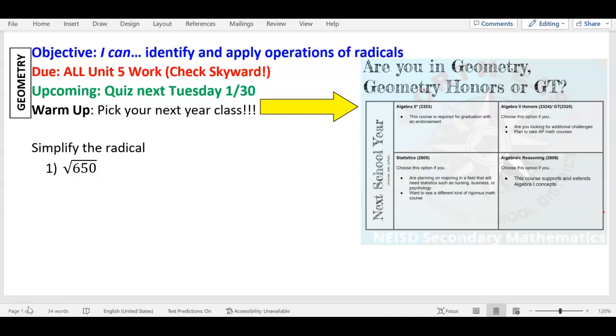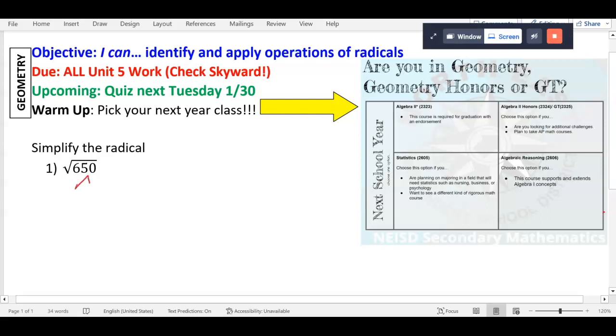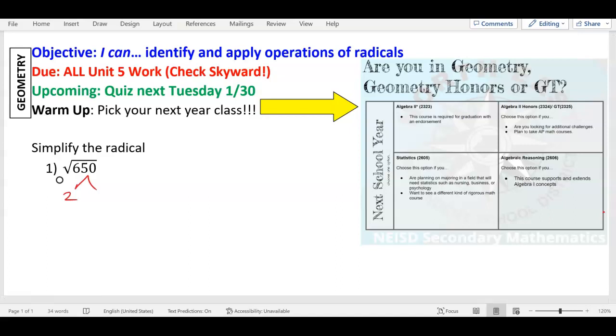Does 2 go into 650? It does. 2 times what? 325. If you're not sure, divide it in your calculator, right? So 2 times 325, cross out the 650. Now 325, does that divide by 2? Well, 325 is odd, so it doesn't work.